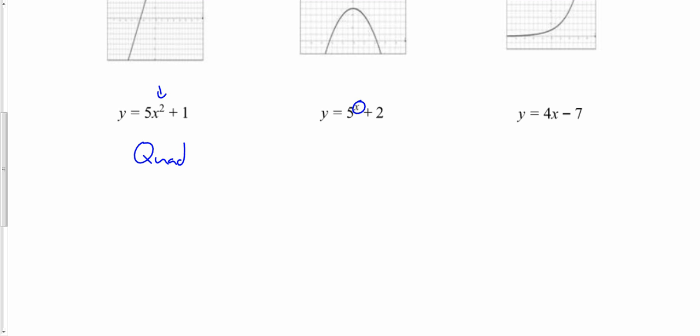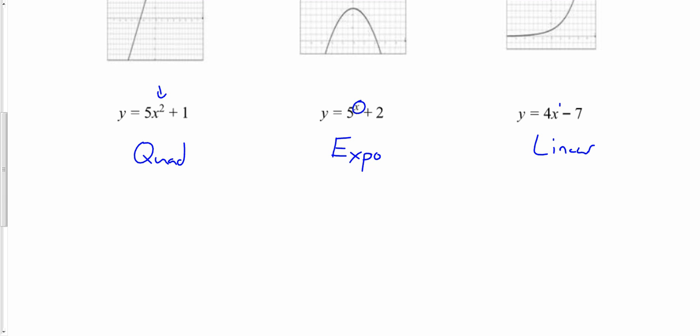So because it's a variable, this is going to be an exponential equation. And then on the right-hand side, the highest exponent is actually a 1. When there's no exponent written, the implied exponent is positive 1. And an exponent of positive 1 indicates that it's going to be a linear relationship.